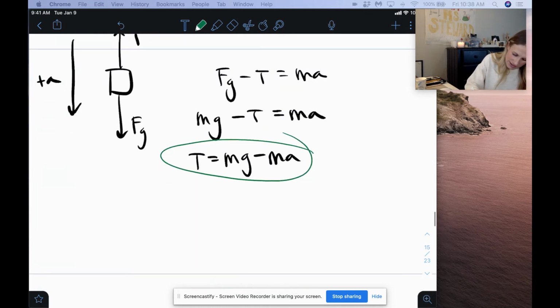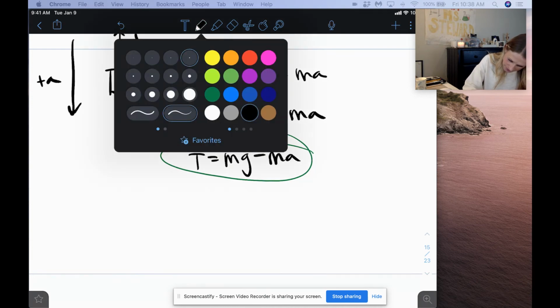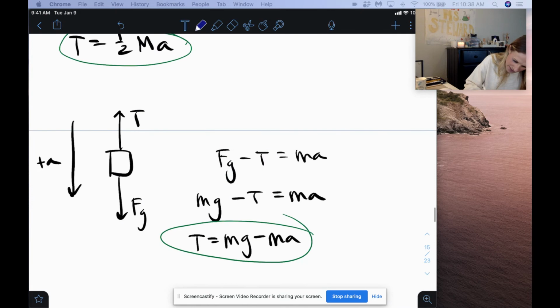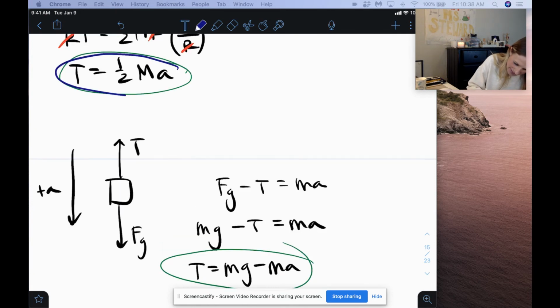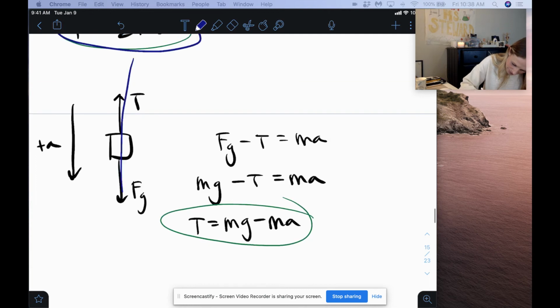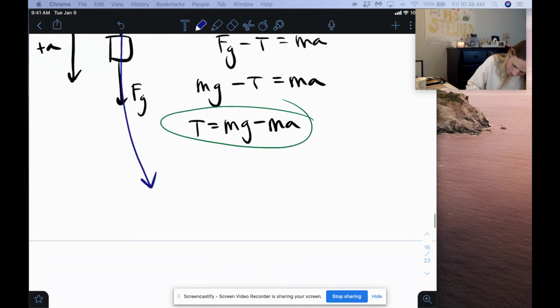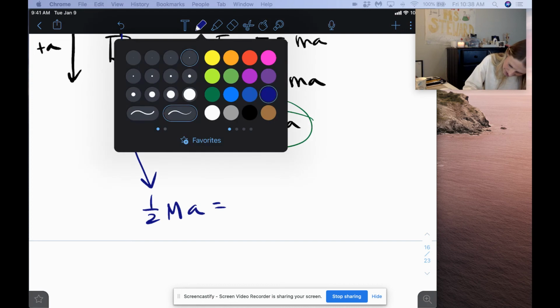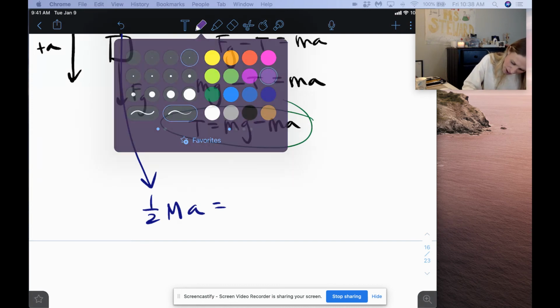So we get, let's do this in a different color, this 1/2 mass times linear acceleration. I'm going to bring that down here. And that's big M because it's the mass of the pulley, equals, and then let's do this in purple, why not?